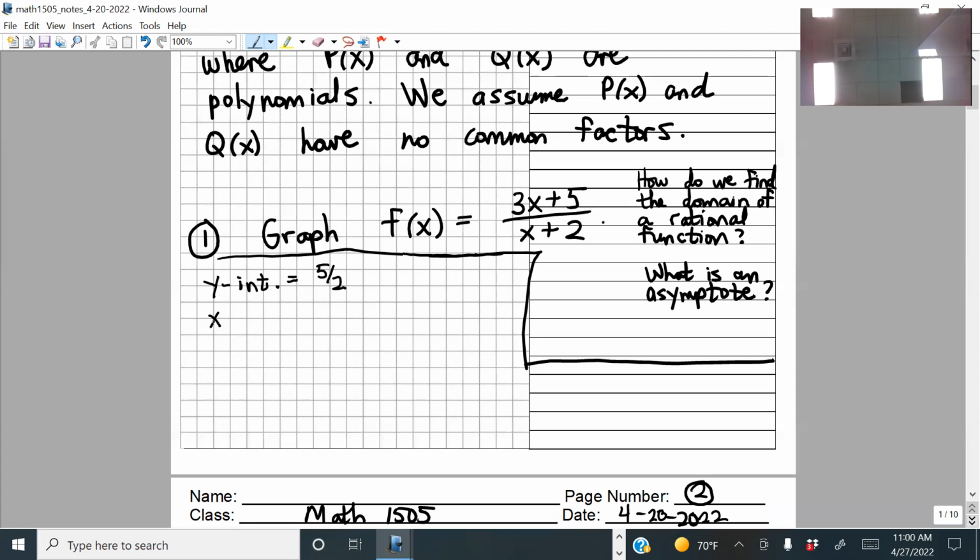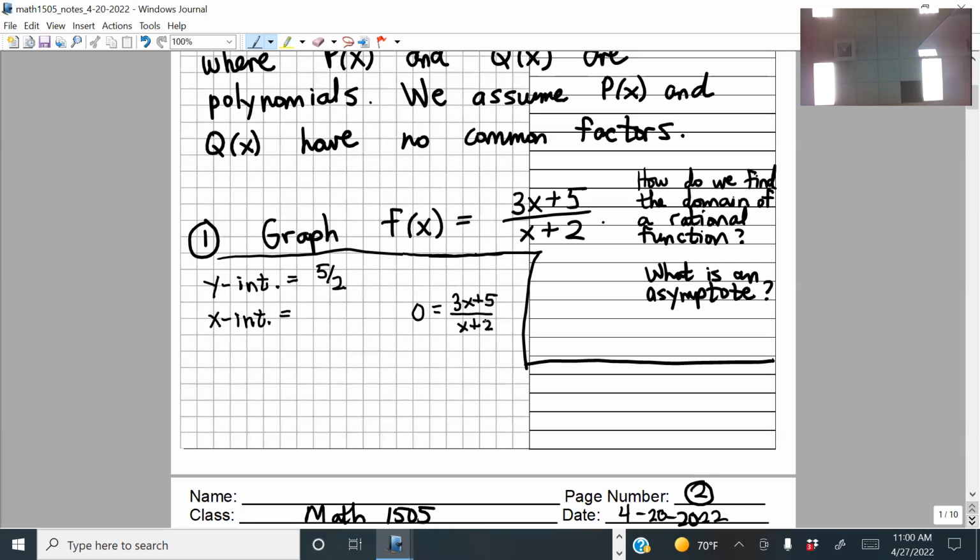Now let's write down the X-intercepts. How do you find the X-intercepts for any function? Make y equal 0. So set the formula to 0, in other words. You would write 0 is equal to 3x plus 5 over x plus 2.